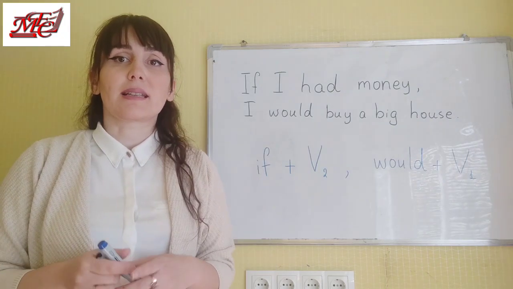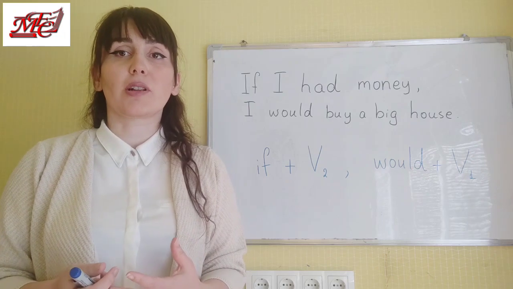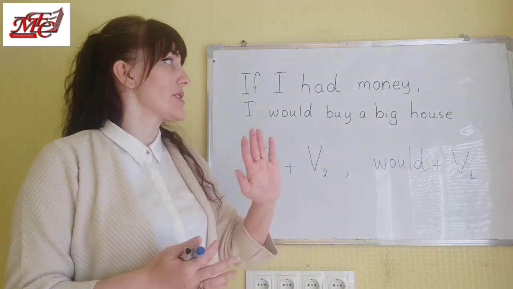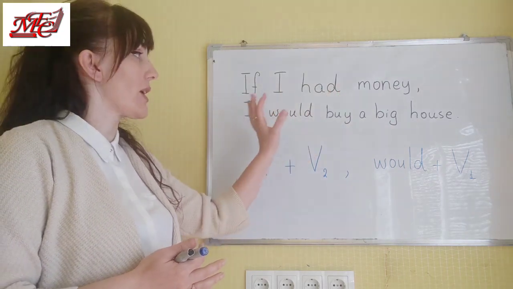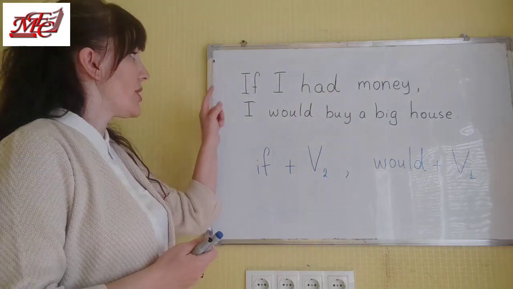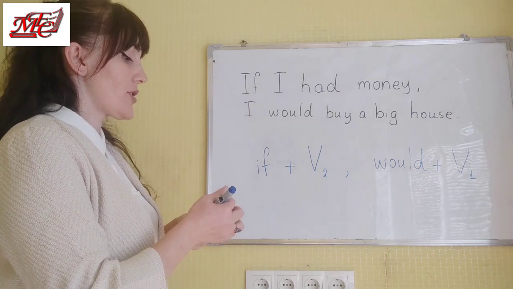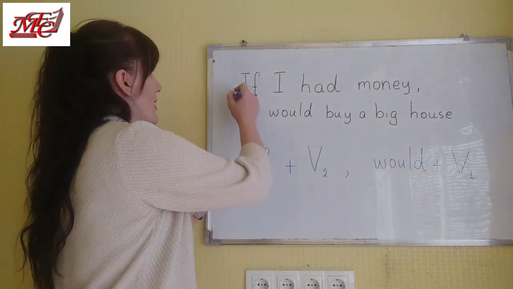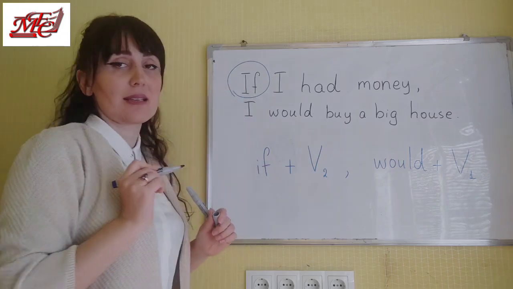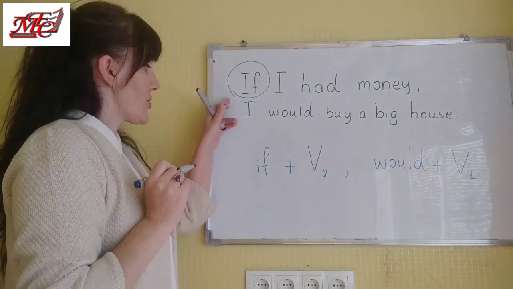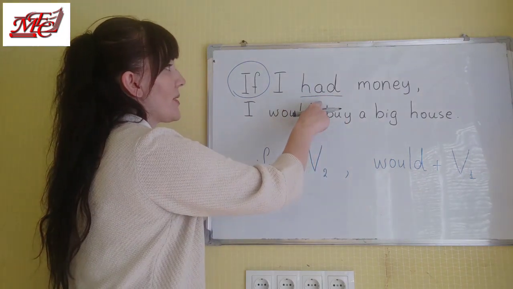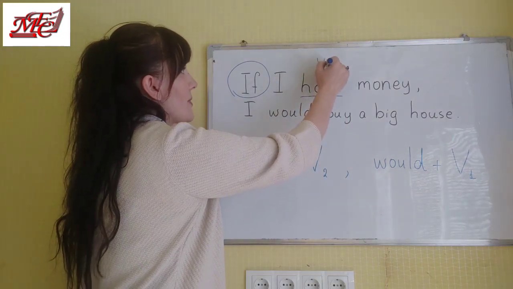Now let's discuss the form of the second conditional sentences. How to form second conditional sentences. Just observe the sentence. Look at the sentence carefully. Yes, we use if, so the main marker of the sentence is if. So if plus, you see the verb is in the second form, yes?